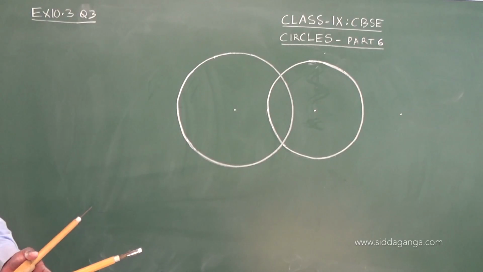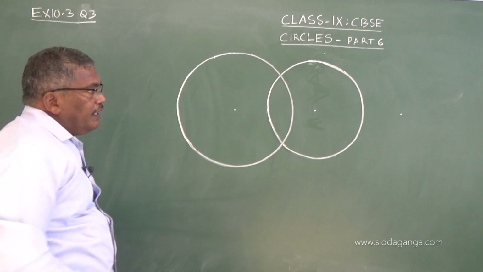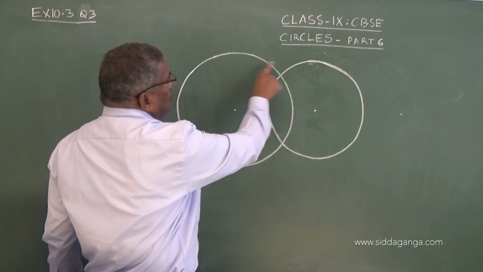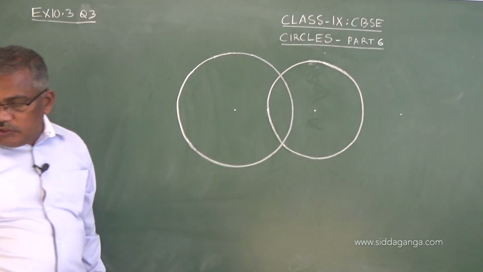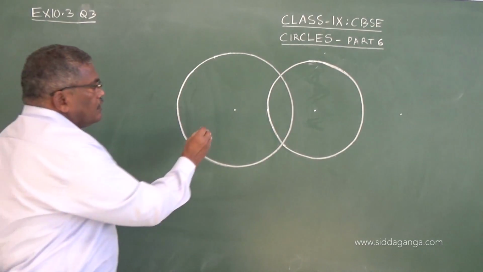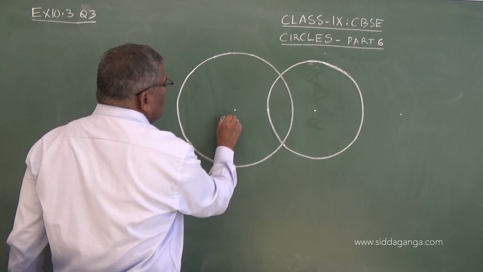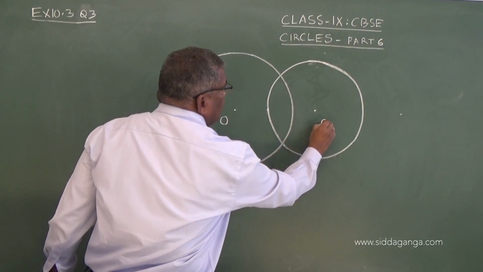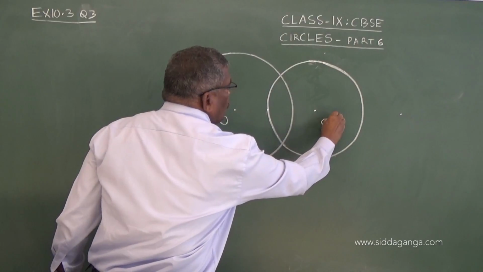Now they are talking of the common chord. See, these are two circles. So here, let us call O the center of this circle, and let us call this O dash.